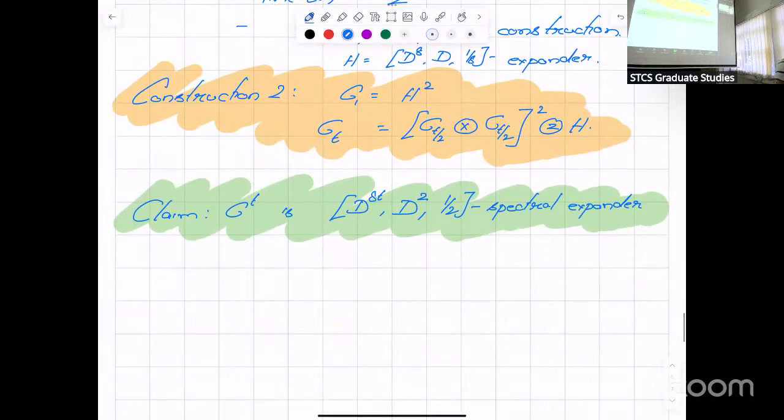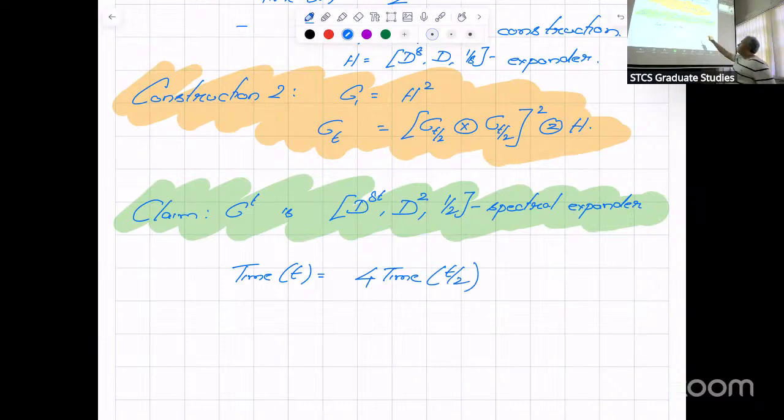Now let's compute what is time t. So you have to do t by 2. How do you take a step in this? You take time t by 2, another time t by 2 for both of them, and then a square of them. So a step in G t will involve first taking a step in the graph G t by 2 tensor G t by 2, square.